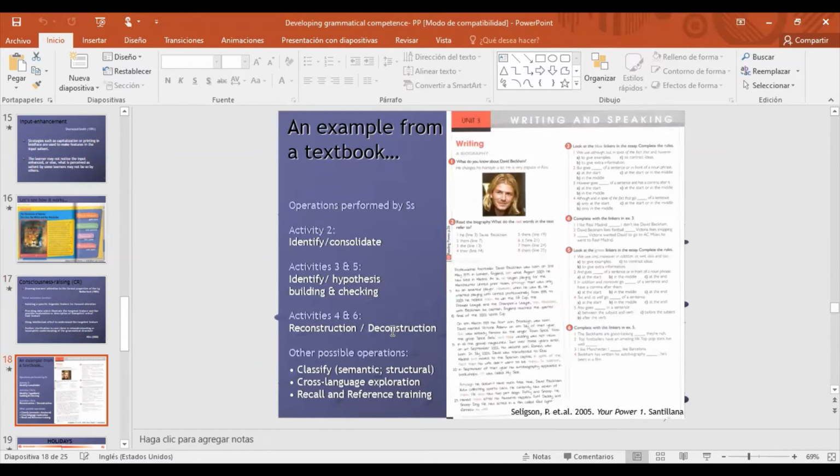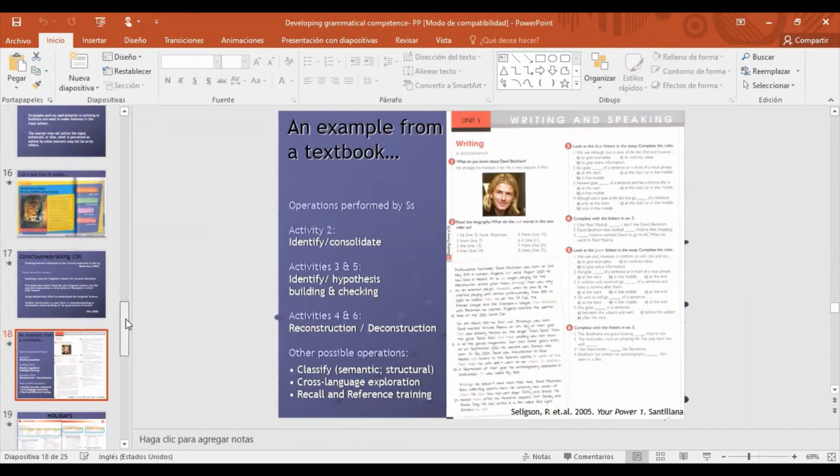I mean, a kind of work on the language which is derived from a particular context, by means of which the students will be able to notice the type of input they are given, make their own hypotheses, infer the rules, and so on and so forth. Is this more or less clear?